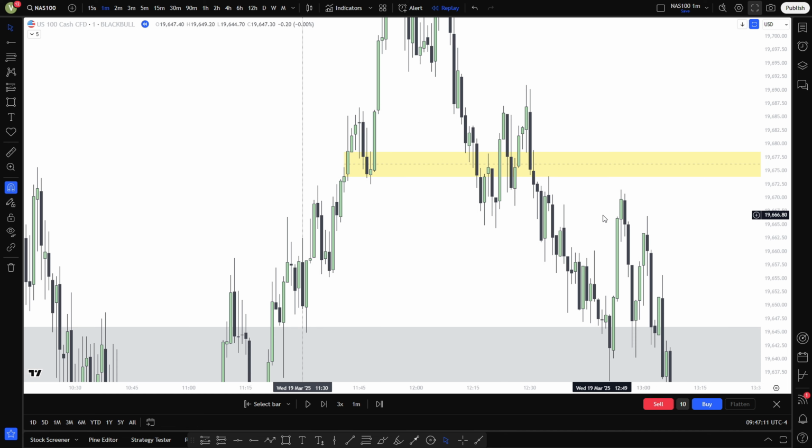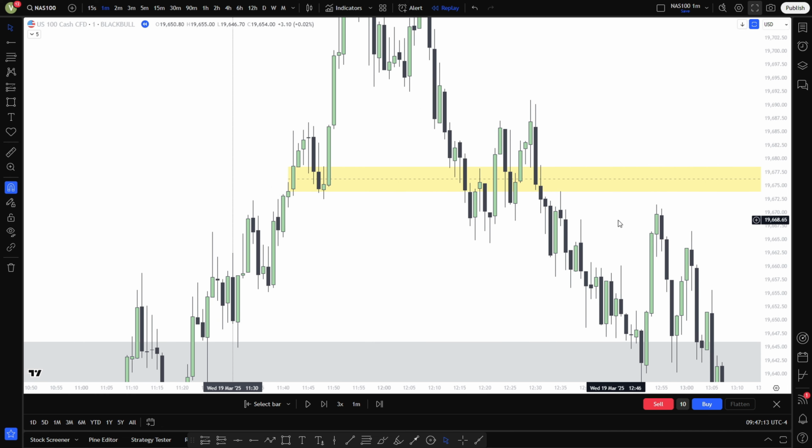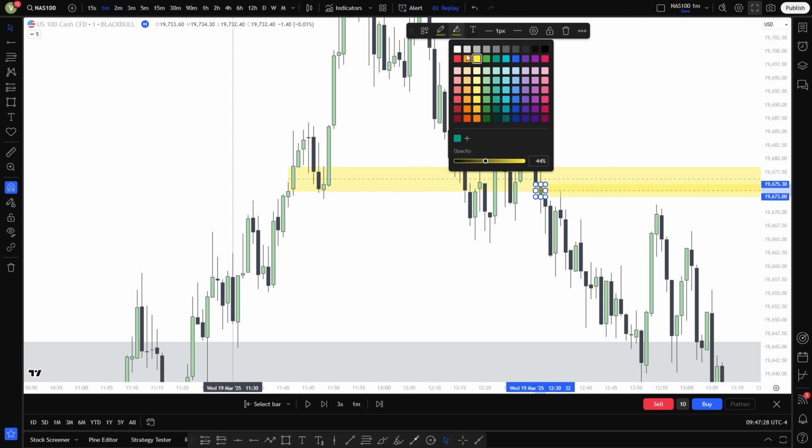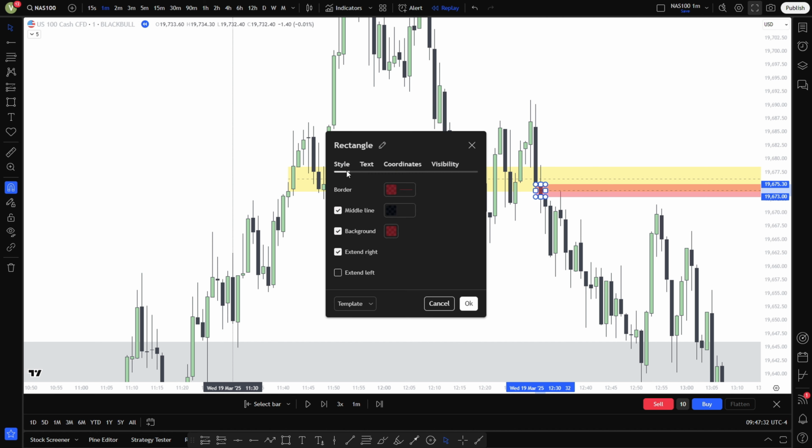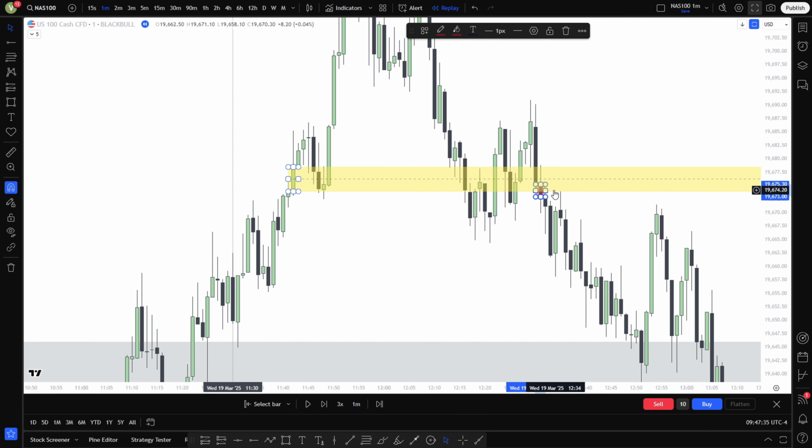What happens then? This one is not easy to catch, but we displaced down here. See, displacement. This is your displacement.